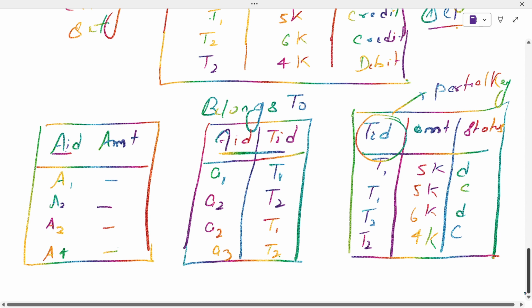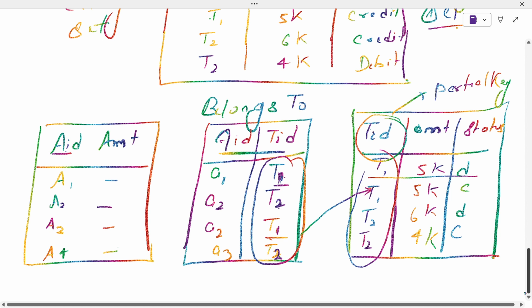Now, if you ask about total participation here, all the TIDs are involved. So T1 is involved, T2 is involved, T1 is involved, T2 is involved. If you see here, this T1 corresponds to this data, and this T1 corresponds to this data.